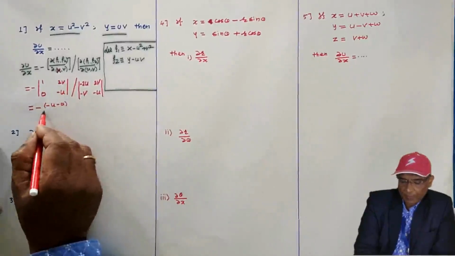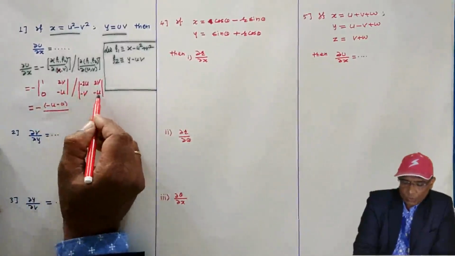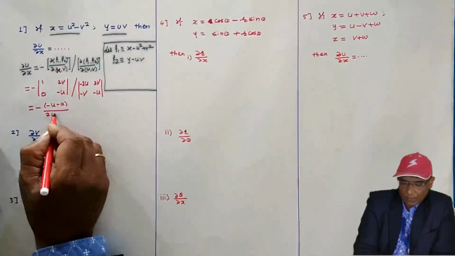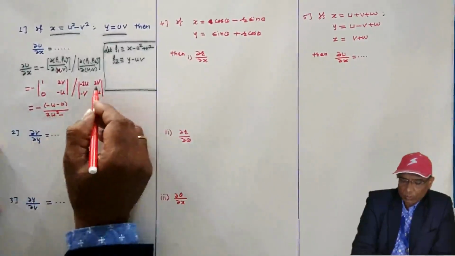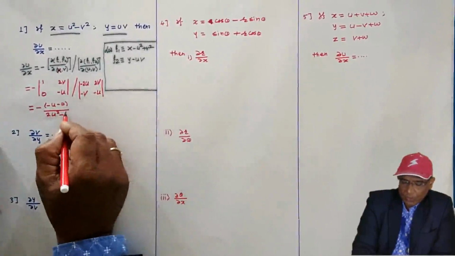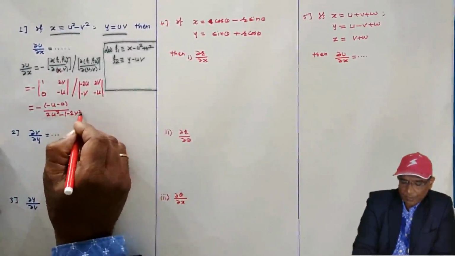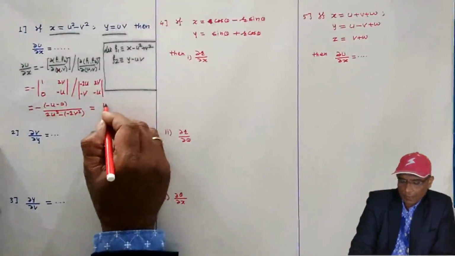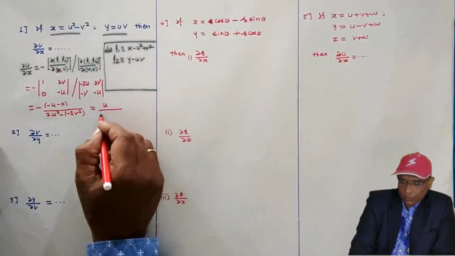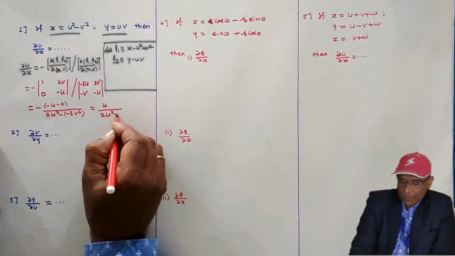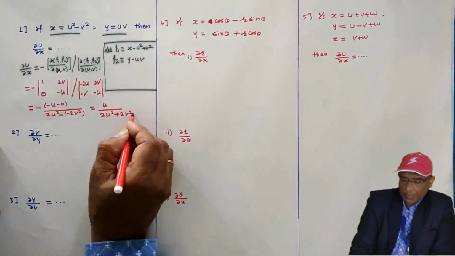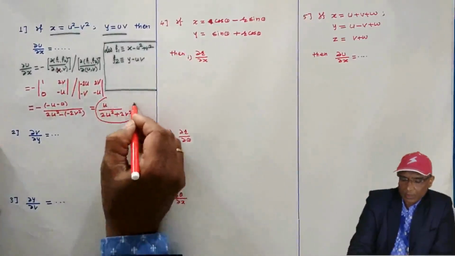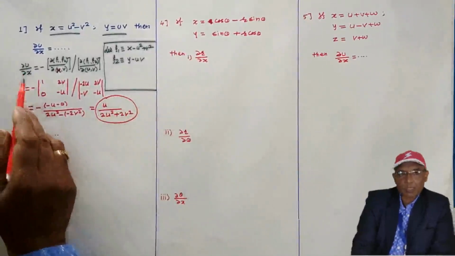This is divided by the product of these two, which is 2u square, minus the product of these two, which is minus 2v square, meaning minus plus here. So u by 2u square plus 2v square. You can take 2 common in the denominator. So this is del u by del x.